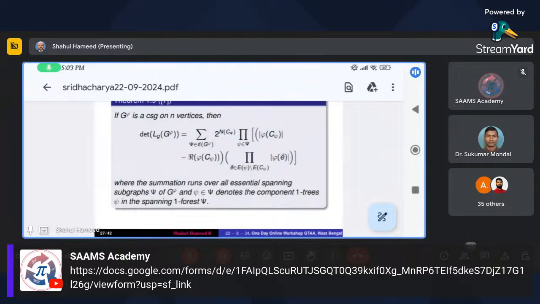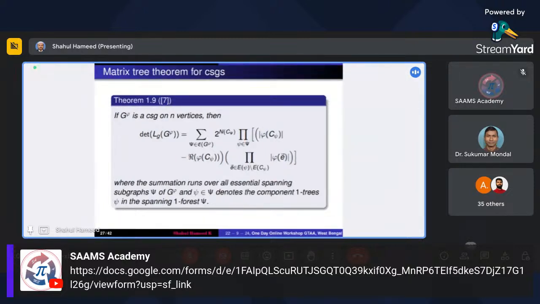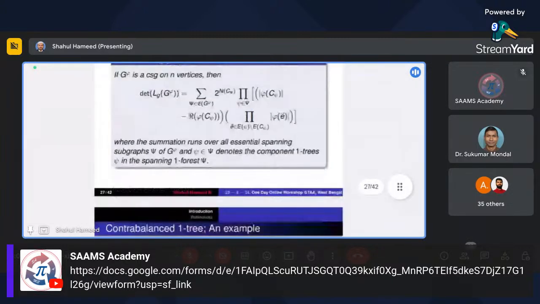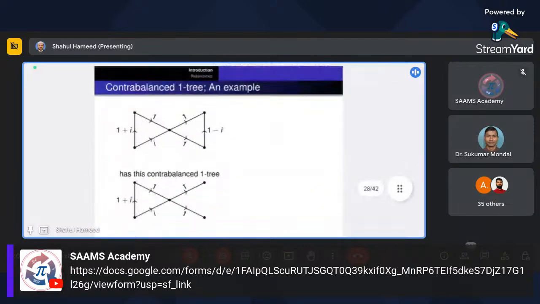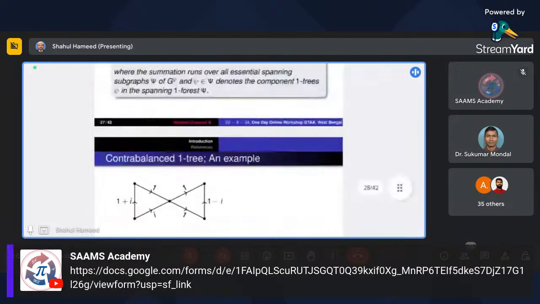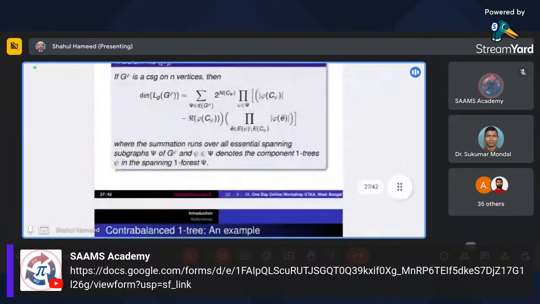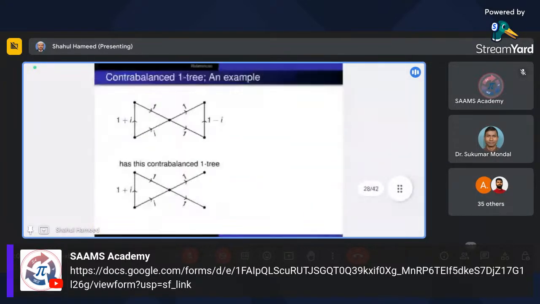We have just mentioned that LG phi is positive semi-definite. So it will have the value 0 only when it is balanced. I will come to that point of balance later. So this figure is drawn just to illustrate what the quantities inside are. I am not moving into that part.